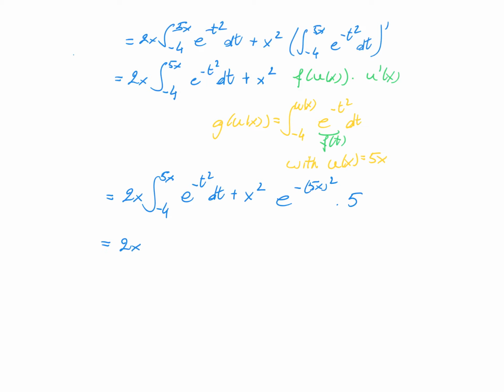So we get this plus x squared e to the power minus 25x squared times 5.